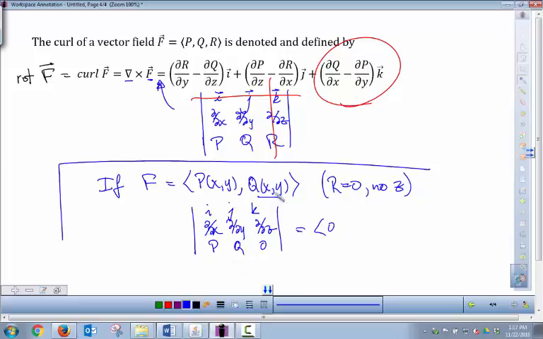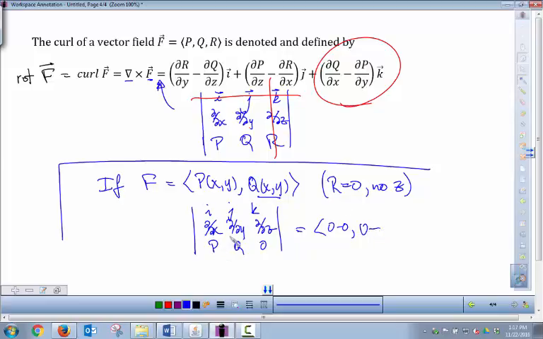But remember that Q doesn't have any z's in it, right? So that would be 0 as well in the first component. Now the middle component is a partial of P with respect to z. Again, P doesn't have any z's.